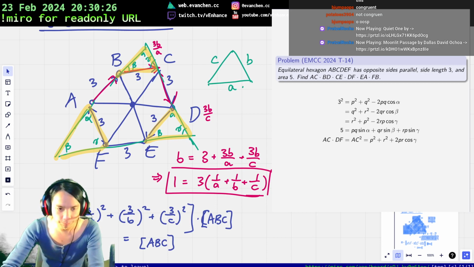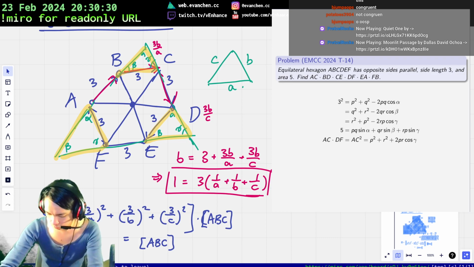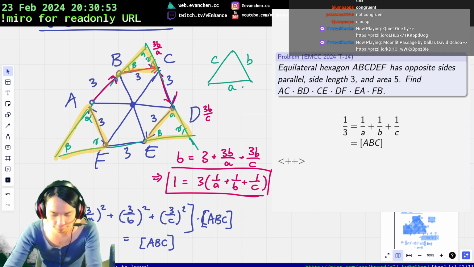But if I use a, b, c as my 3 variables, I'm expecting to get 2 equations. So one of them says 1/a plus 1/b plus 1/c is equal to a third. The second one says that the area of ABC is equal to the given 5 minus 9 times 1/a squared plus 1/b squared.